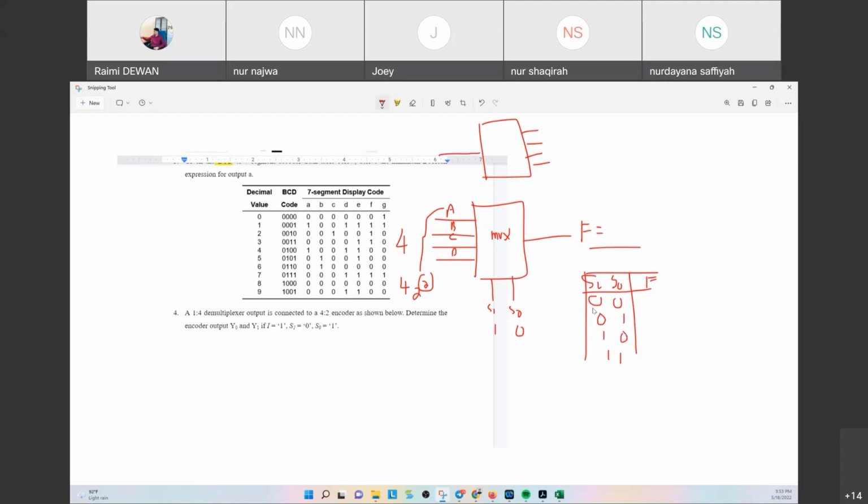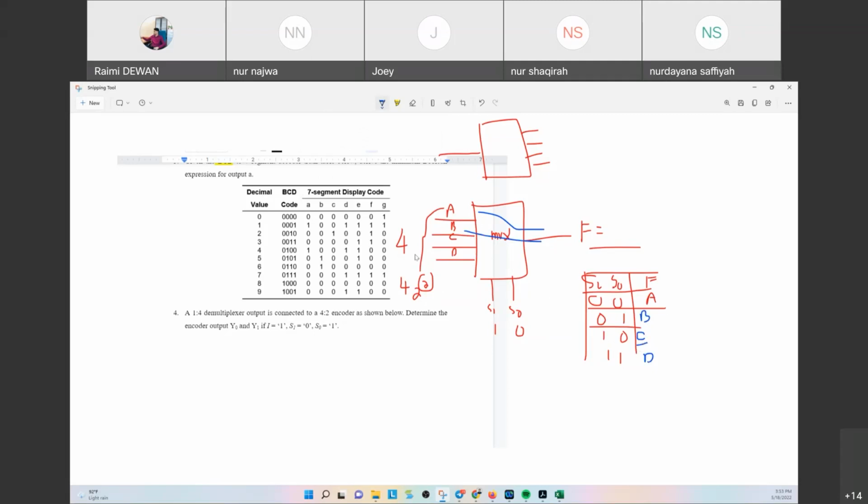If you get 0, 0, the output will be A. If it's 0, 1, output B. If it's 1, 0, output C. And if it's 1, 1, output D.